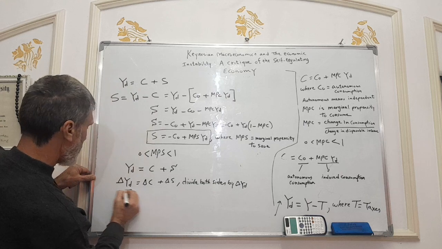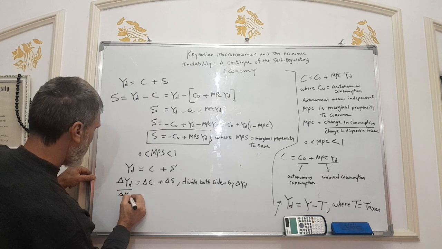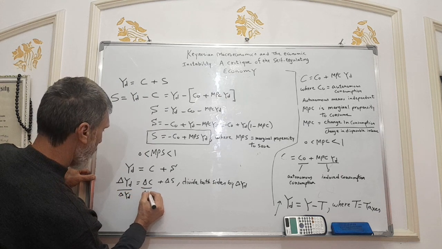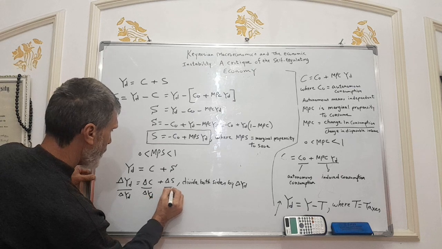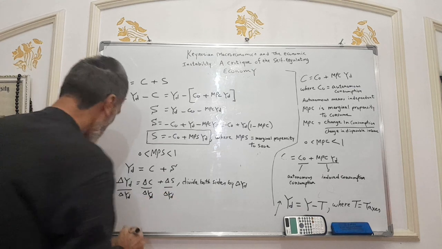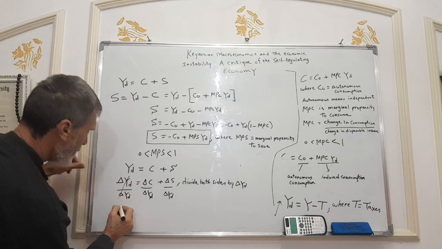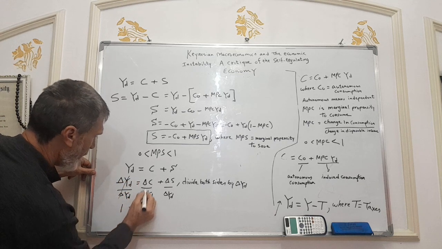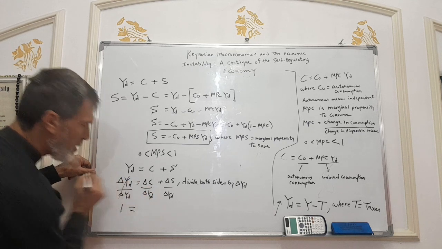So we get change in YD over change in YD, which equals 1, so 1 is equal to delta C over delta YD plus delta S over delta YD.